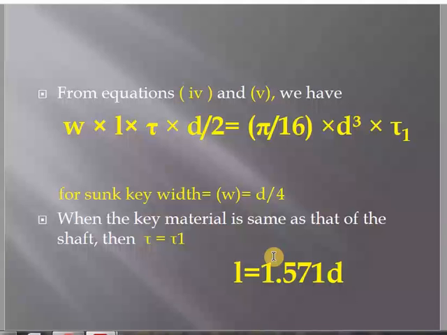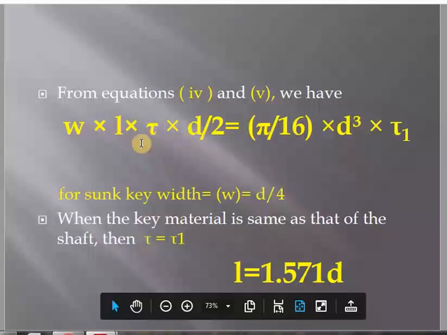For some key width, we can take W is equal to D by 4, and the key material is the same as that of the shaft, that is tau is equal to tau 1. We can take length of the key as L is equal to 1.571 D. After solving this equation, we get L is equal to 1.571 times the diameter.